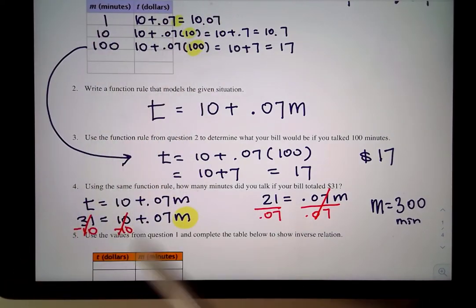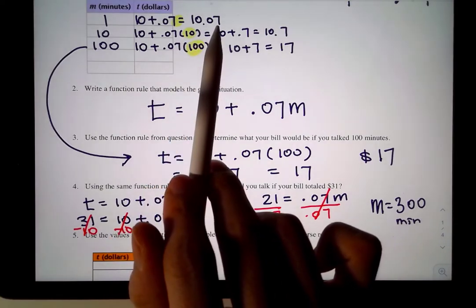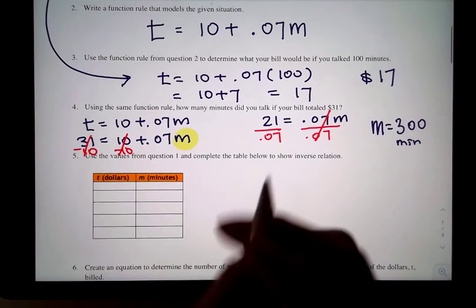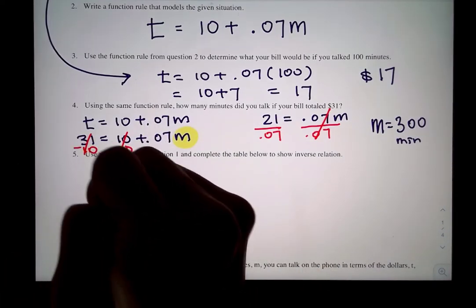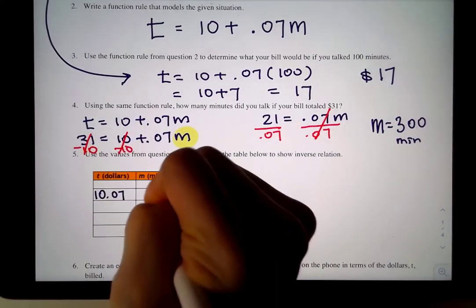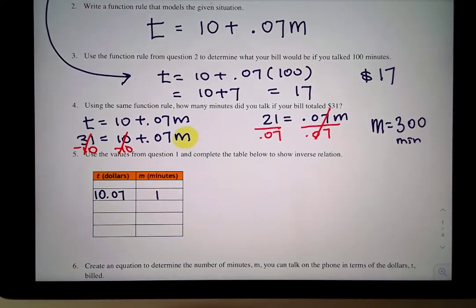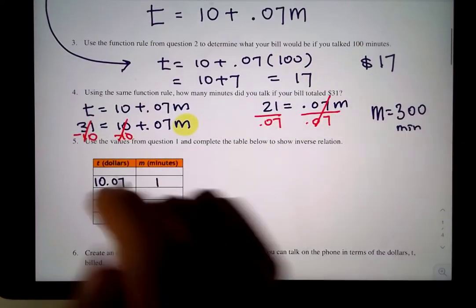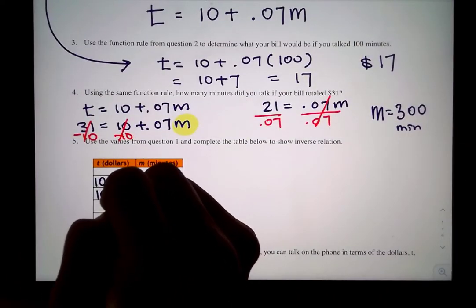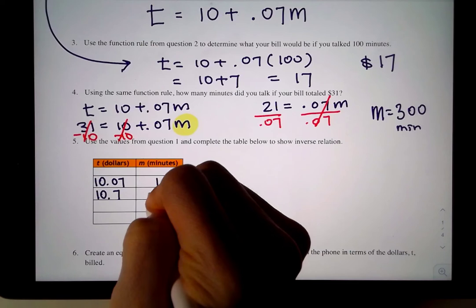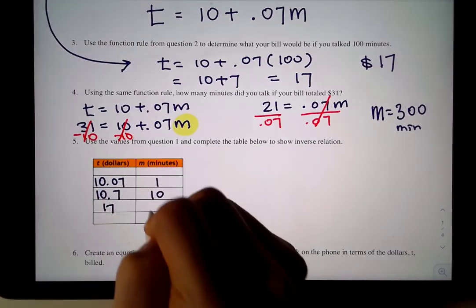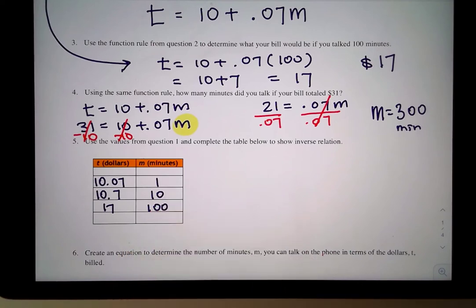For the first one, I have $10.07, then that means 1 minute. And how much was that? $10.7, then that was 10 minutes. And $17, then that's 100 minutes, right?